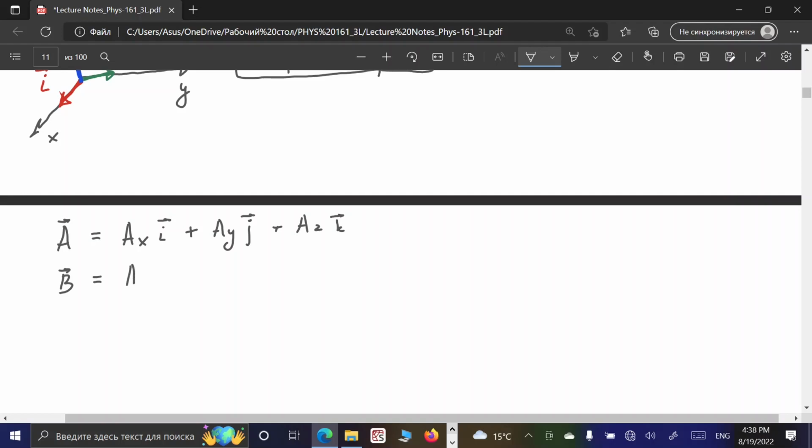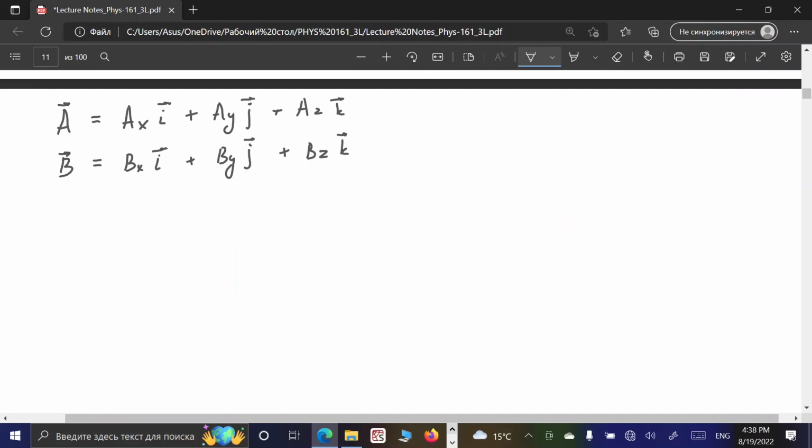This will be, sorry, not a, bx times i unit vector plus by times j unit vector plus bz k unit vector. So we want to get the equation which gives us a possibility to find both magnitude and orientation of cross product of vector a and b. So we have a vector cross product b vector.